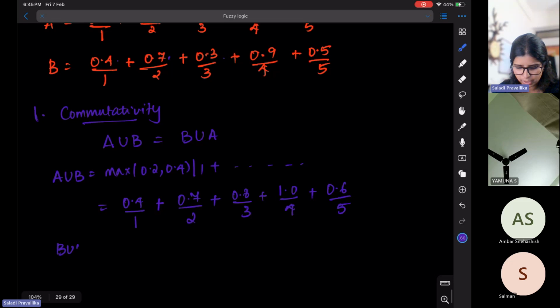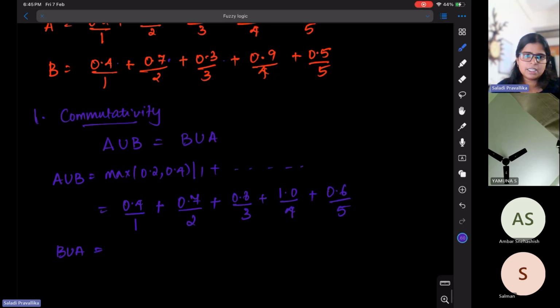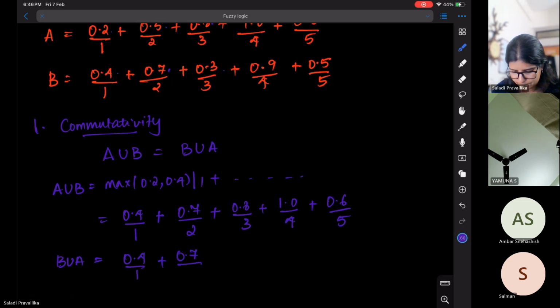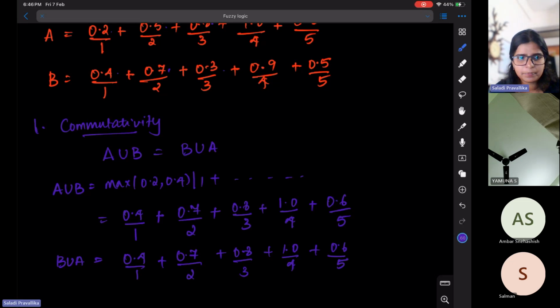For B union A also, you are basically taking the maximum membership function value between A and B, right? So again, it is going to be the same. Right?